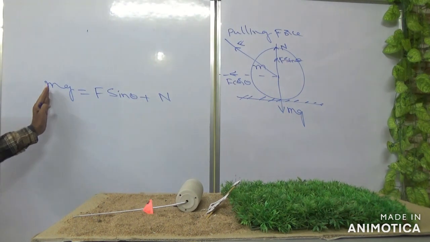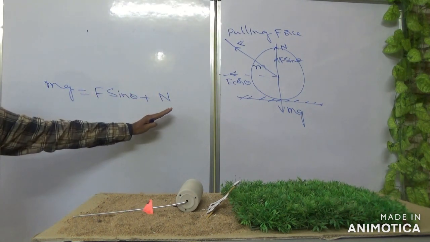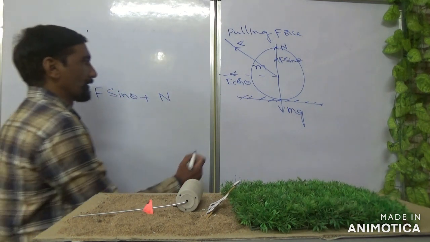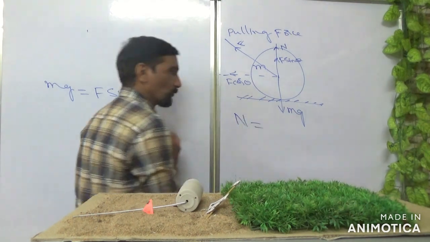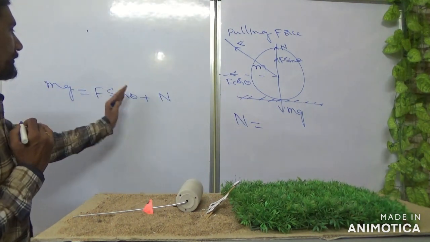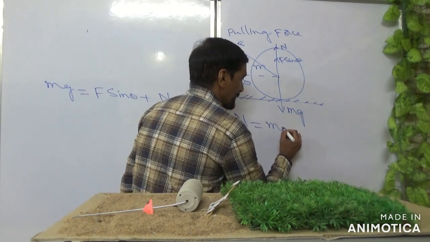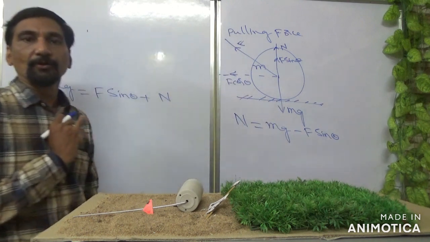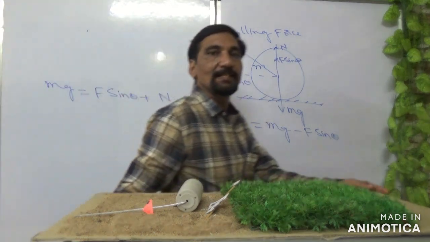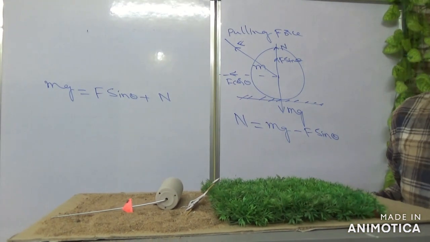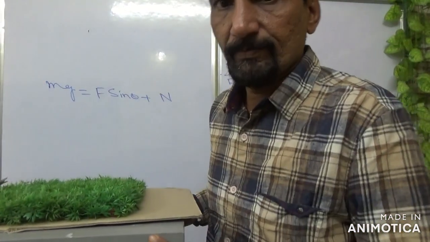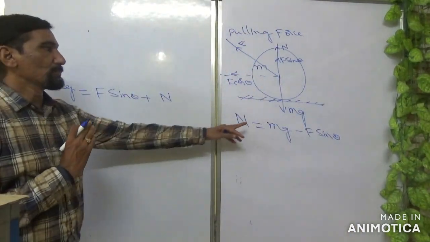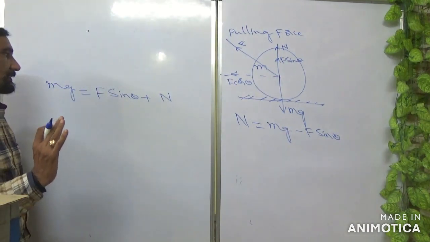So mg equals F sin theta plus N. Then the normal reaction N is equal to mg minus F sin theta.